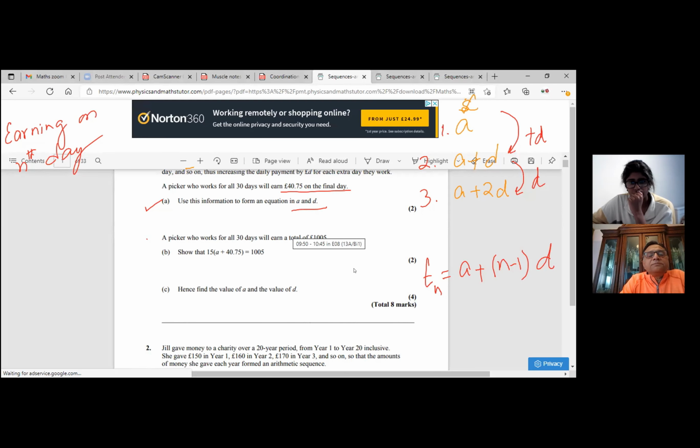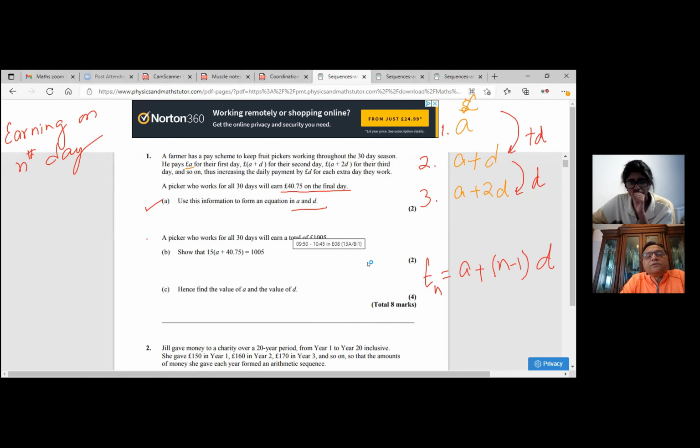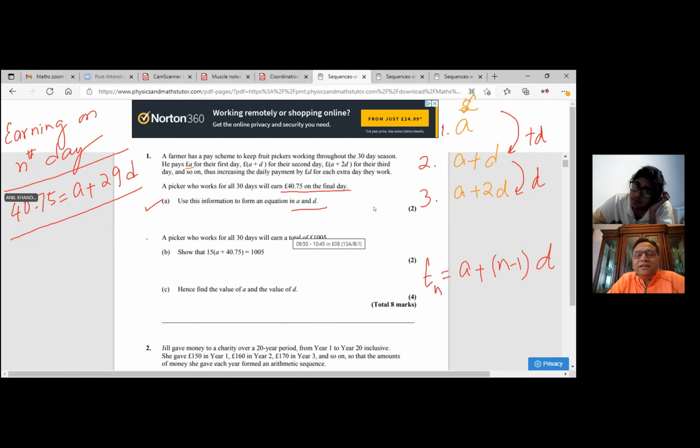So the first part is: a picker who works all 30 days will earn 40.75 on the final day. So Tn is 40.75. So you can use your calculator to do the calculation. So 40.75 is equal to A plus 29D. That becomes the equation which relates A and D, right? Right. So we get part A.